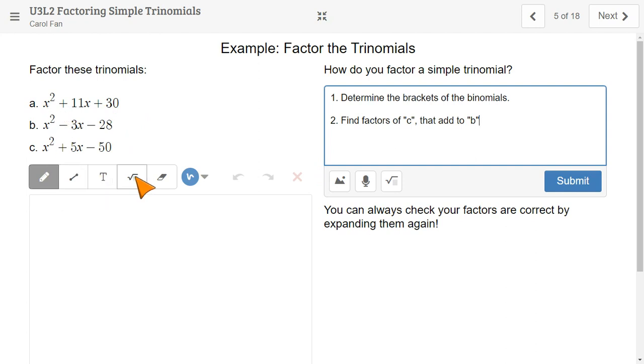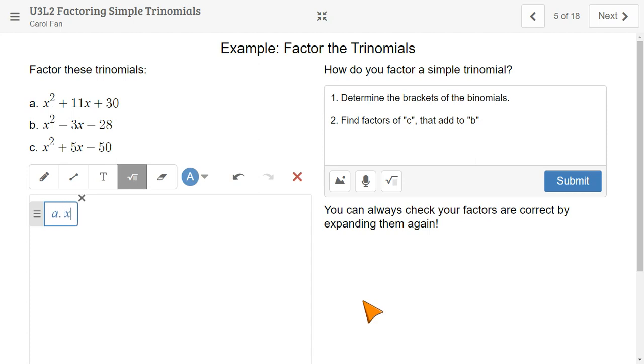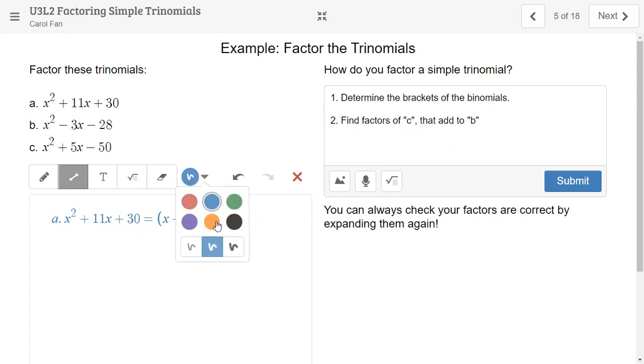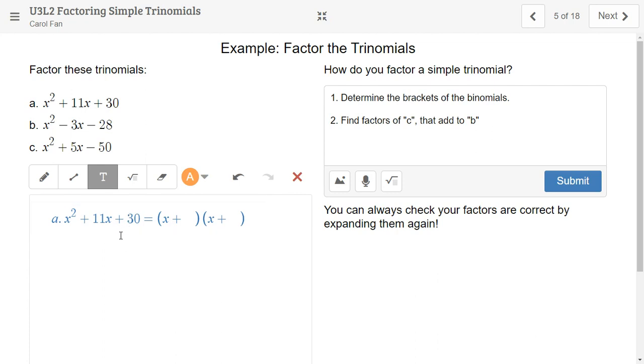The first question, we have x squared plus 11x plus 30. We need to determine the brackets. We have c is positive and b is positive. That means I know that the original is going to have two brackets where we're adding things. Next, we're going to find factors of c that add to b. In this case, c is equal to 30.